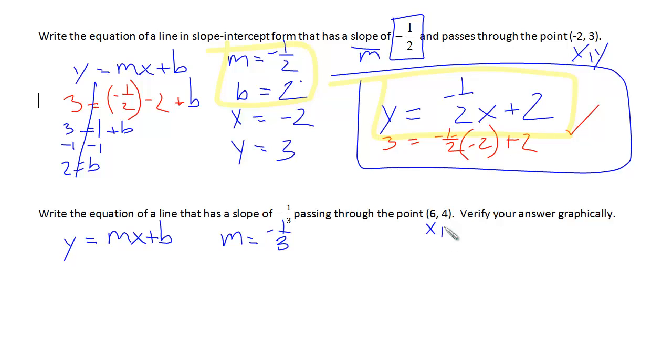So again, every coordinate has the values for an x and a y. So I have an x value of 6, y value of 4, and so what I'm missing here is the b. So I'll sub these into the equation.